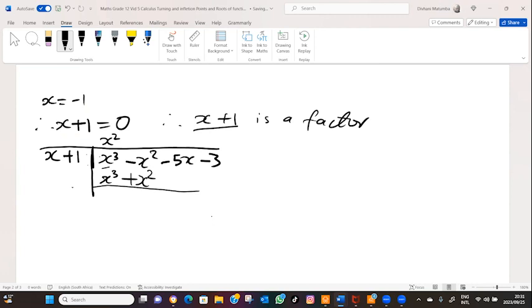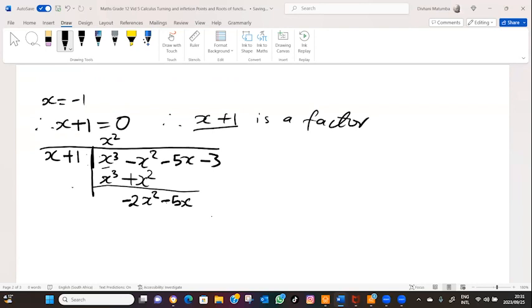Now, if we subtract these two terms, we're gonna be left with minus x squared minus x squared, which will be minus 2x squared. I hope you agree with me. Now, we're going to bring the following term down so that it can battle with this term.